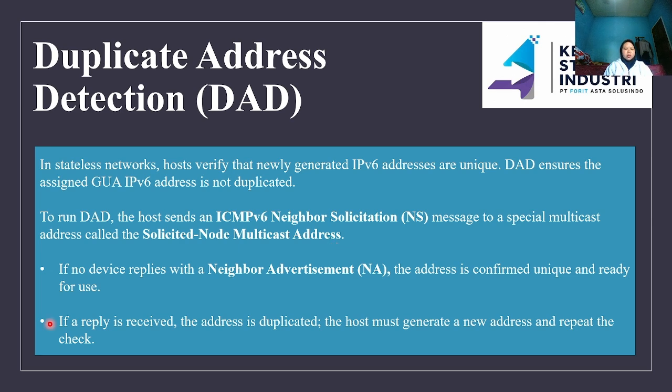To perform the DAD process, the host sends an ICMP version 6 neighbor solicitation message to a specially designated multicast address called the solicited-node multicast address. If no one replies, the address is confirmed unique and ready for use. If a reply is received with a neighbor advertisement, the address is duplicated. The host must generate a new address and repeat the check.